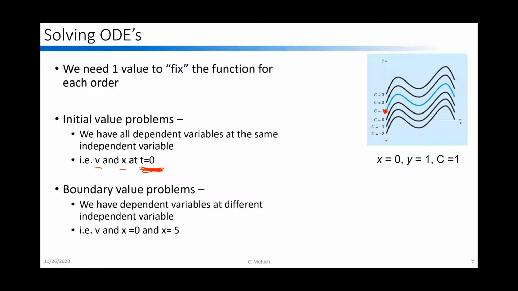Boundary value problems are cases where I have information at two separate points. So this is not going to come up when I have just a first order equation, but this will come up if I have a higher order equation, or I have multiple points that I'm solving simultaneously.